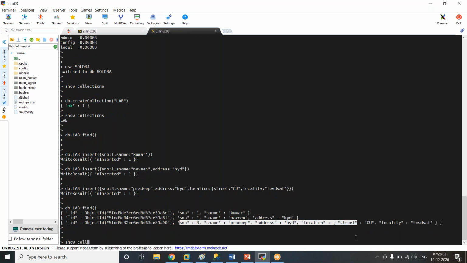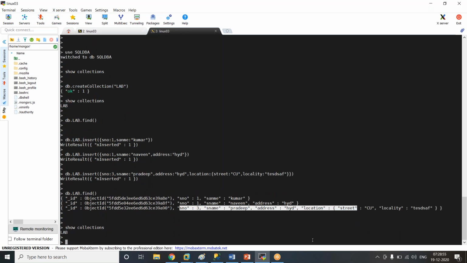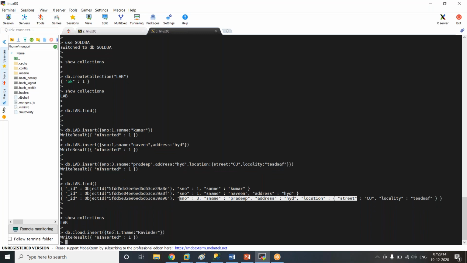The second case is show collections. We have one collection at the moment. I'm trying to insert some data where the collection does not even exist. With db.cloud collection, I'm inserting some data here: t number one, t name Ravinder, something like this. It has taken the data.